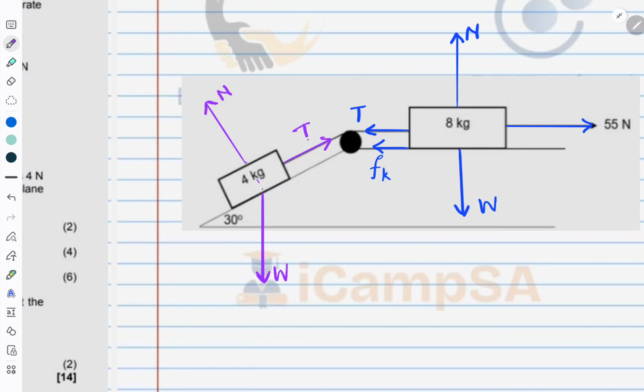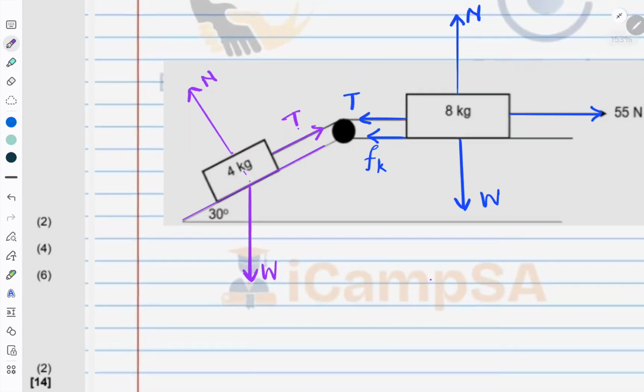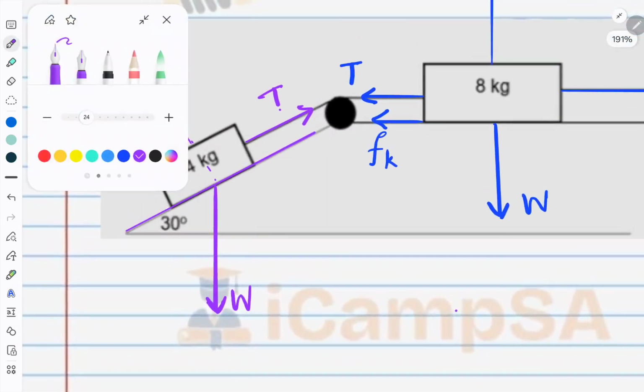Okay, so now since this weight is at an angle relative to our new x-axis, because remember we usually shift it for inclined surfaces, and then it becomes like this. Our x and y axes become like this. There's a reason we do that. It's just for convenience, right? You don't have to know how or why we do that for now, but we always do it like that.